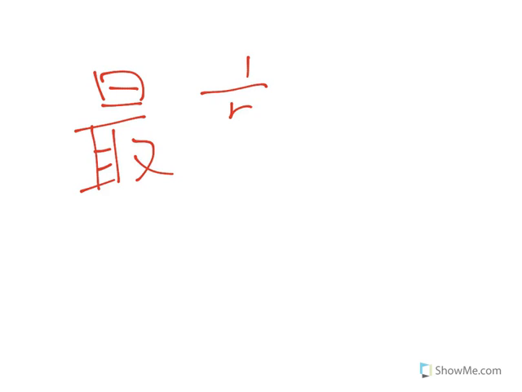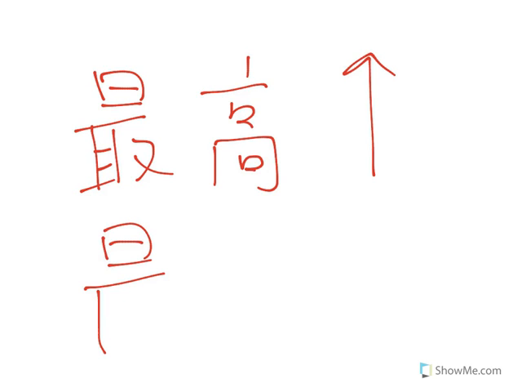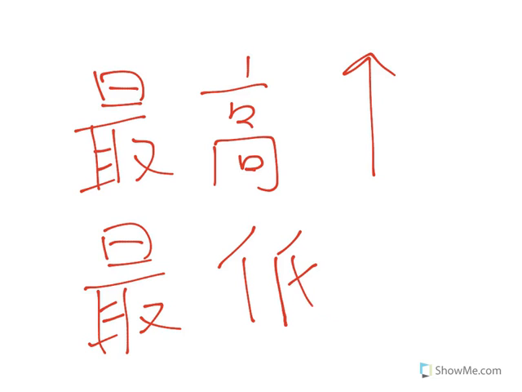Now the way we're going to describe the temperature, there's two ways. If it's the high temperature, you're just going to use 最高. Okay, that's the high temperature. And for the low temperature, you're going to use 最低.